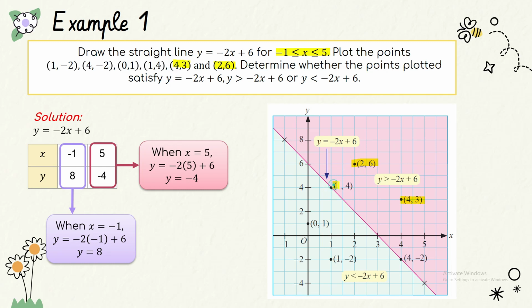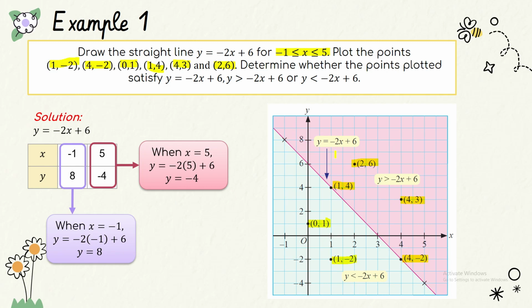Then point 1, 4, okay, this one. Then point 4, negative 2, okay, this one, 4, negative 2. Next is point 0, 1 here, and then 1, negative 2 here. Okay, we already plot all of the points.